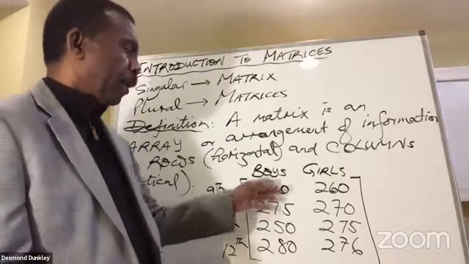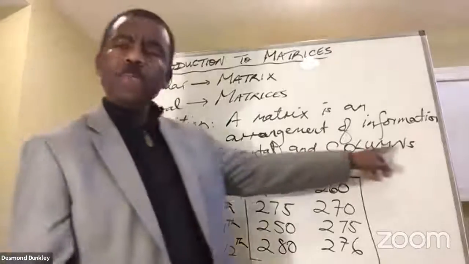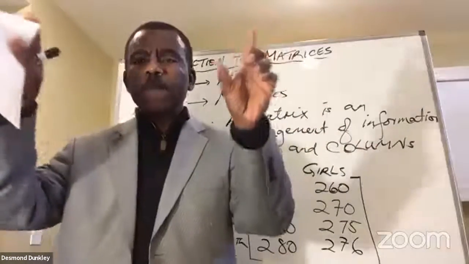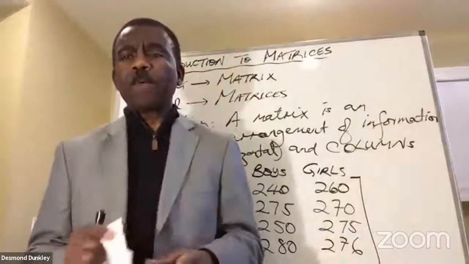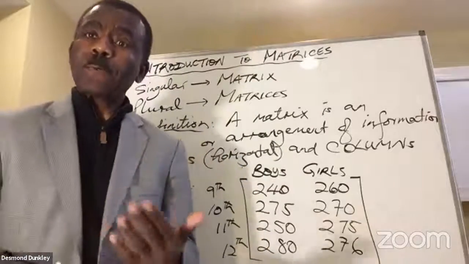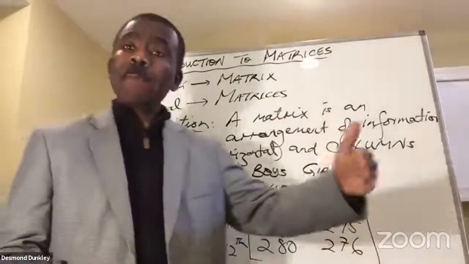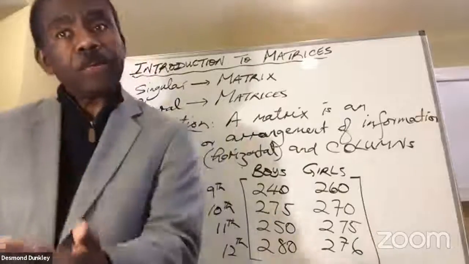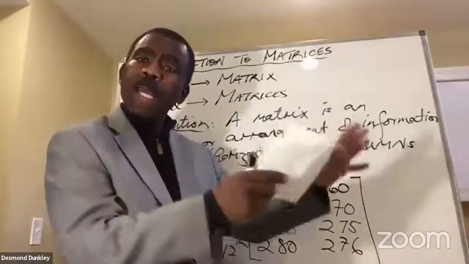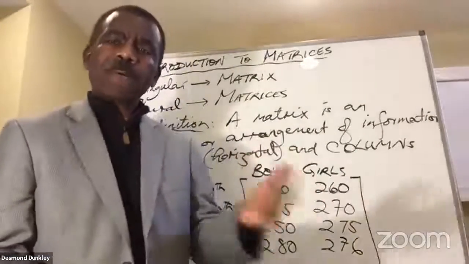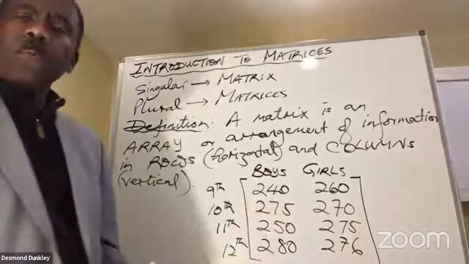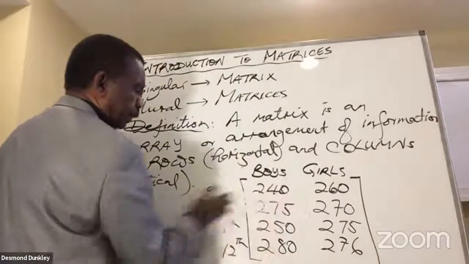So you might be able to compare high school A with high school B, and you could see different trends and different things, so you could plan. Now for the middle schools, that will give you an idea how to plan for the high school. For the elementary schools, that will give you an idea how to plan for the middle school, etc. So this is a good way to do it, okay?